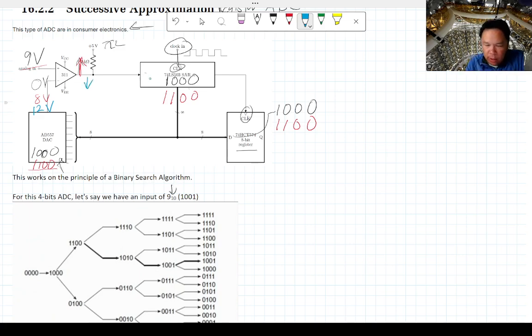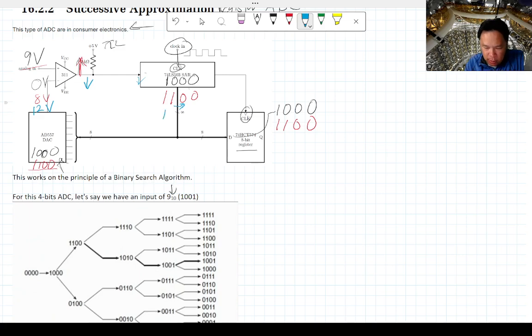When this SAR, this approximator register, receives a low signal on the next clock pulse, what's going to happen is that instead of modifying the next bit to be 1, it's going to shift this bit over instead.